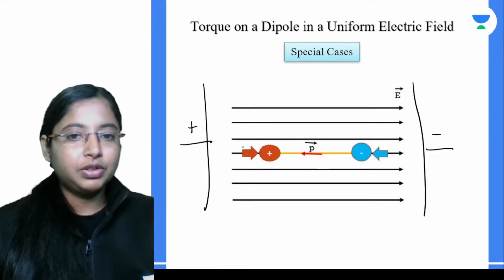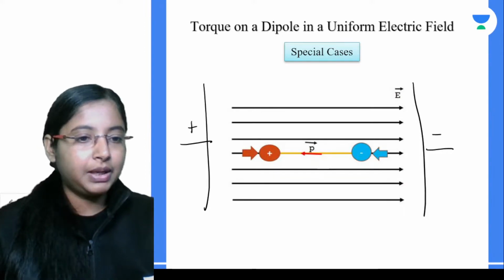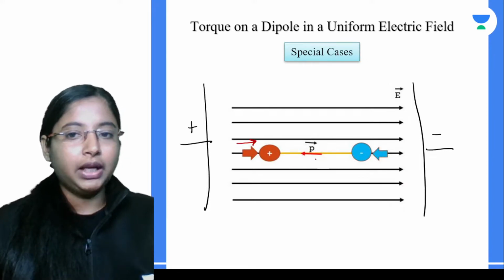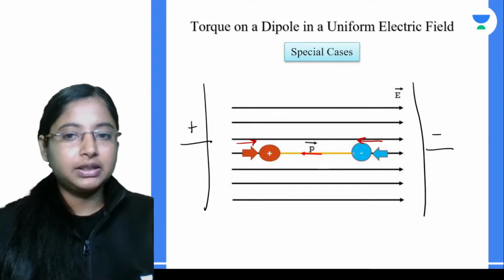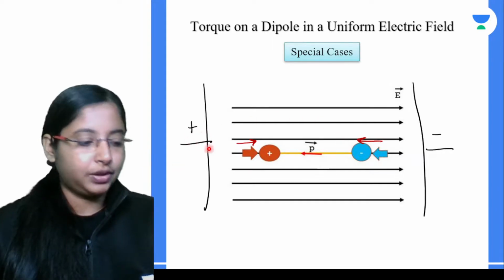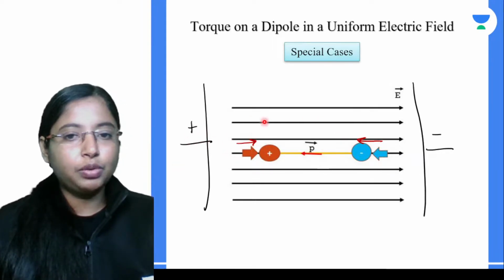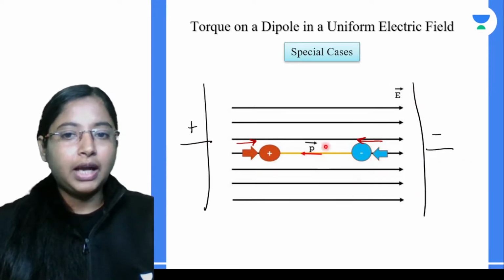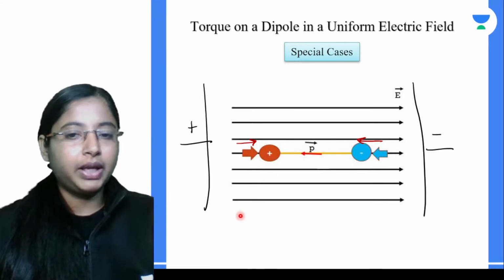Now this is a positive charge, so it will experience a repulsive force in this direction. Because of the negative plate, this negative charge will also experience a repulsive force. In other words, this negative charge will be attracted towards the positive plate, and this positive charge will be attracted towards the negative plate. This is the direction, and we know the dipole moment is always from negative to positive.